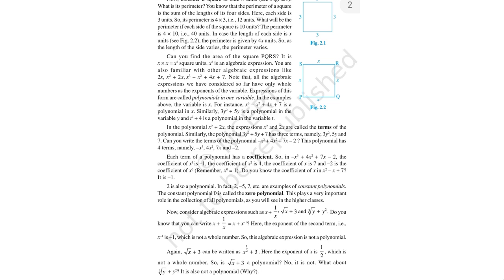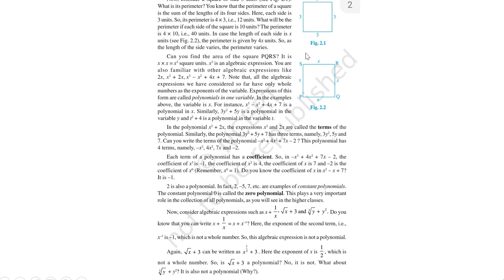Let us see. In the first figure, figure 2.1, we can see that we are determining the perimeter of a square. How can we determine it? If the length of each side is 3 units, then the perimeter will be 4 into 3.